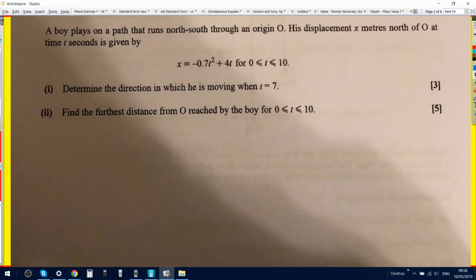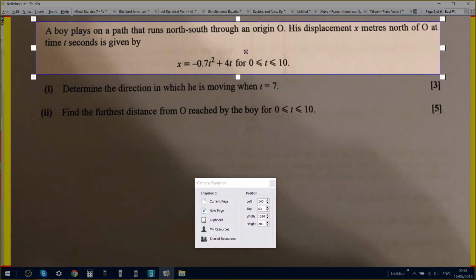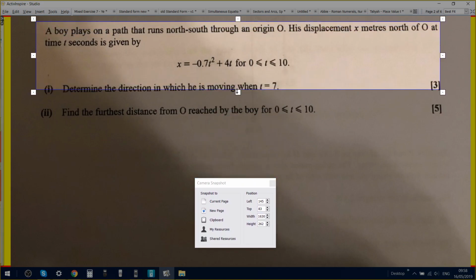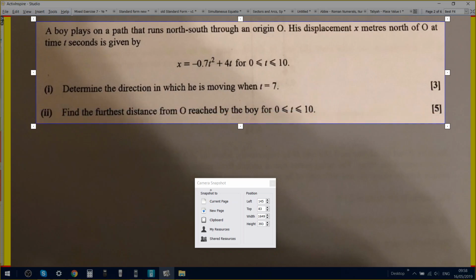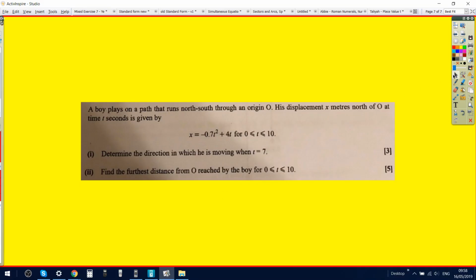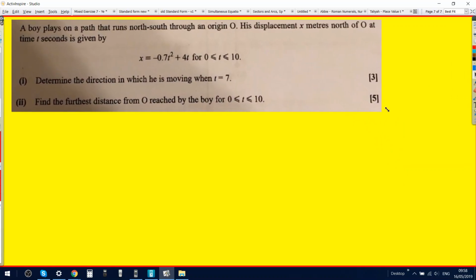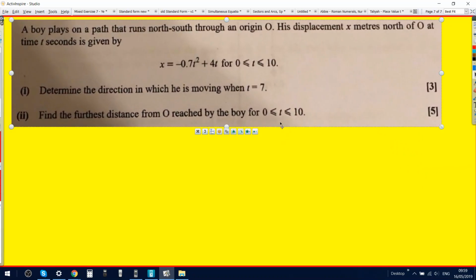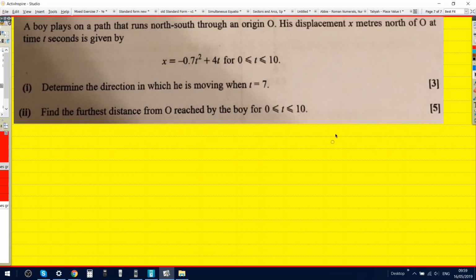So do sub 7. So we've got minus 0.7. And so a boy plays on a path north-south through an origin O. So it's just straight up and down, I think.